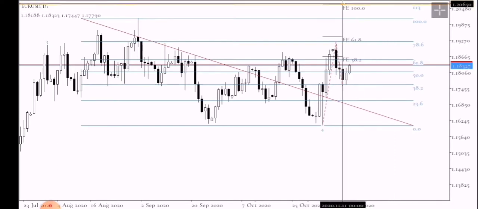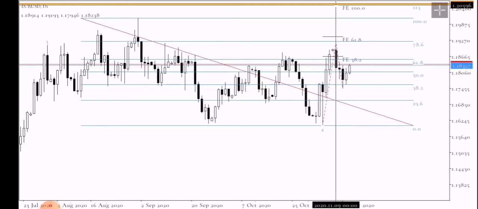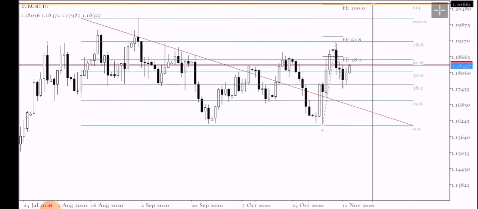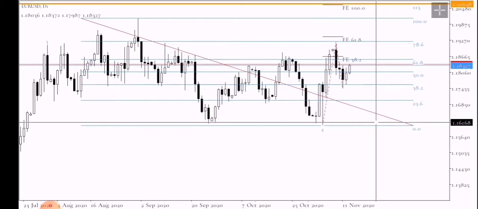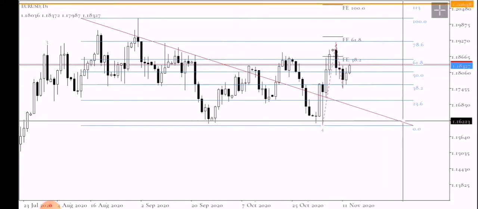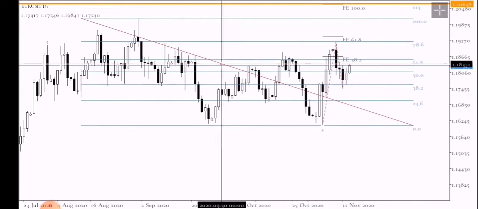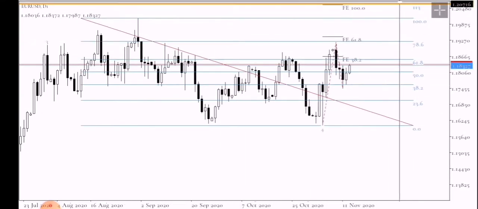That's two clues: clue number 1 is our Fibonacci extension at 100, as well as the retracement of the other Fibonacci of this projection over here at 113.